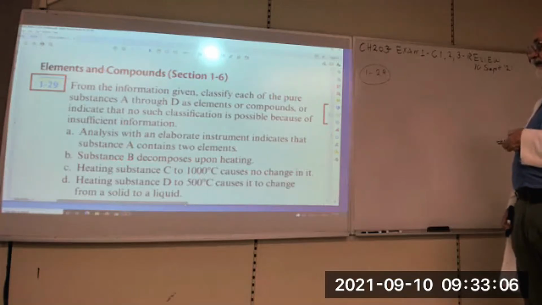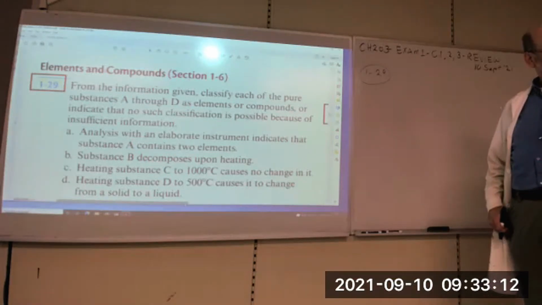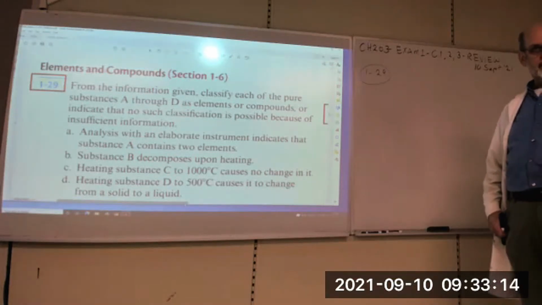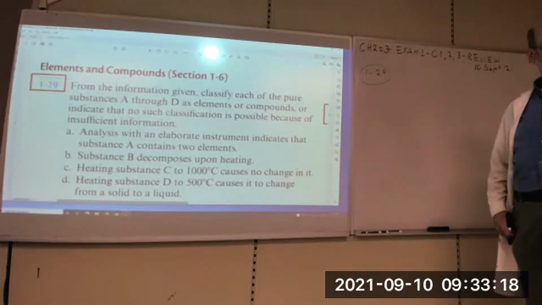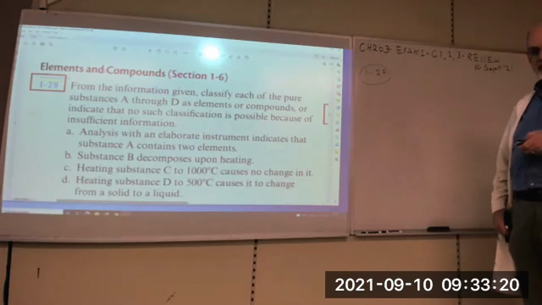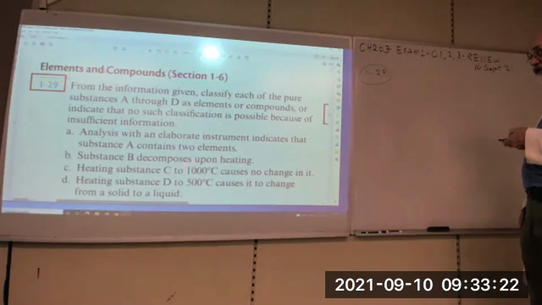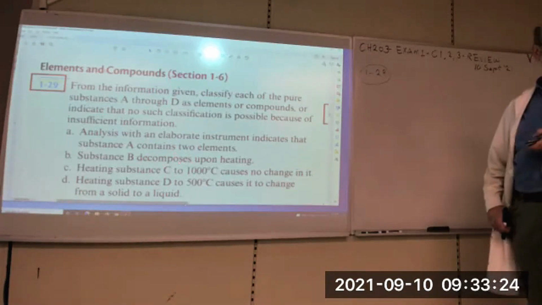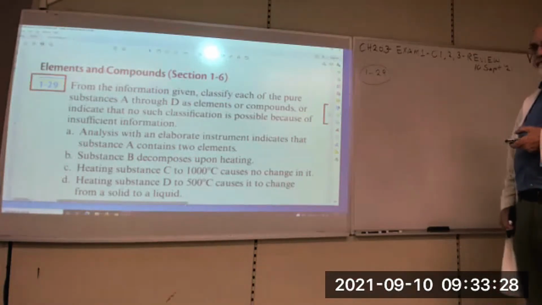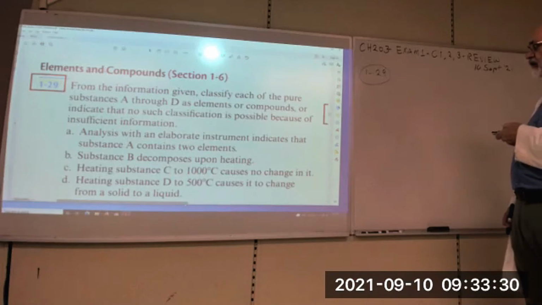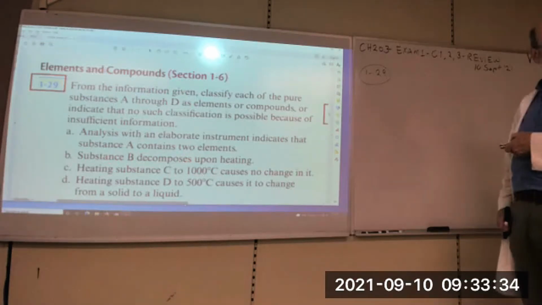Well, that would have to be a compound also. If it decomposes, that's the key word here. Decomposing is a chemical change, not just melting or evaporation. It decomposes, it changes chemically. Okay, we have to understand what the words mean. So this would be a compound also.